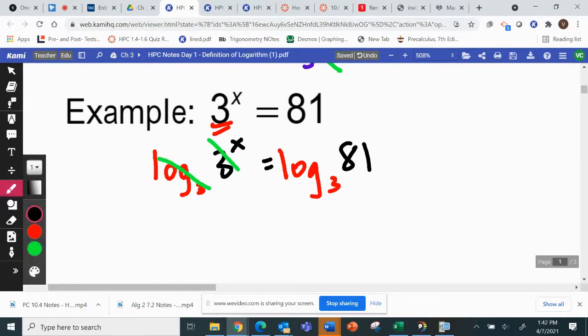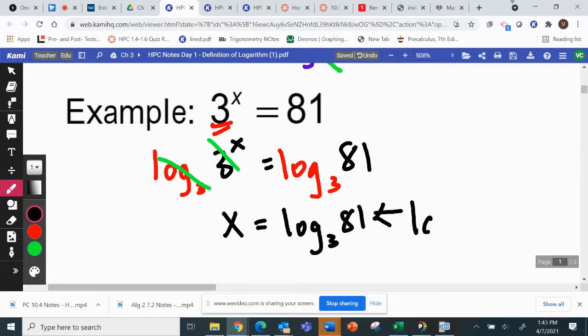The original. It's 4, yeah. So when I use my logarithm, I get x equals log base 3 of 81. At this point, we need to evaluate. I'm going to change log base 3 of 81 to log base 3 of 3 to what power? 4. And that's how I get just the answer of 4 by itself using logarithms.